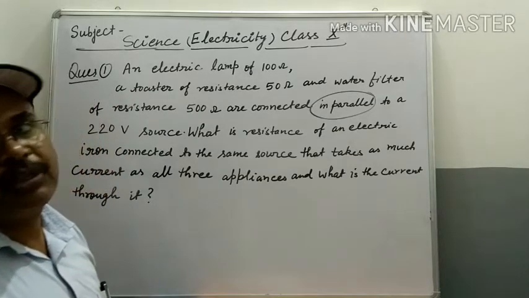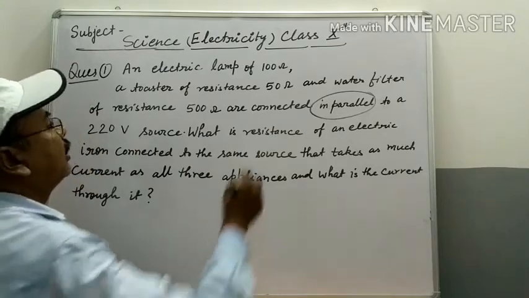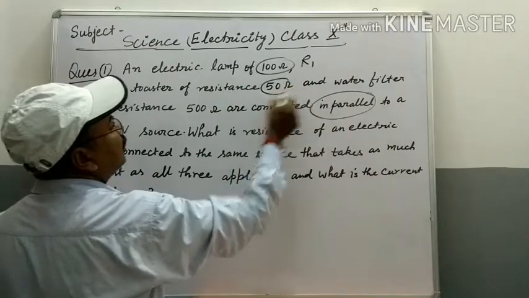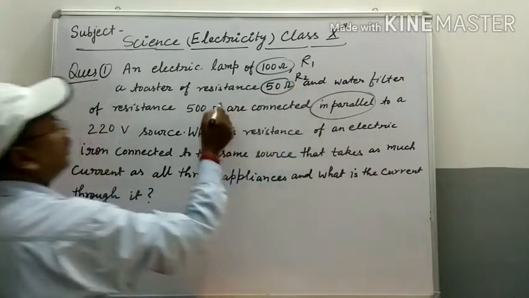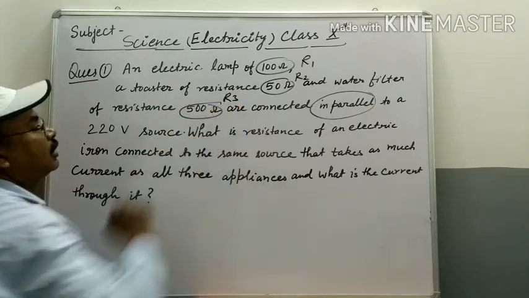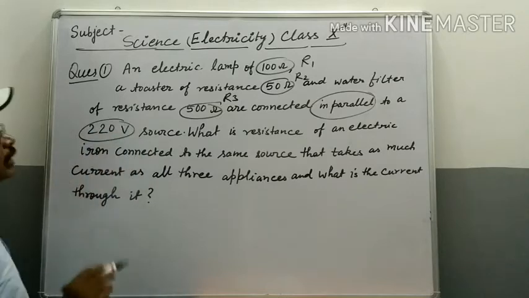1 upon R equal to 1 upon R1 plus 1 upon R2 plus 1 upon R3, and that will be R1 first resistance, that will be R2, and that definitely students 500 ohm R3, and that's also specified.